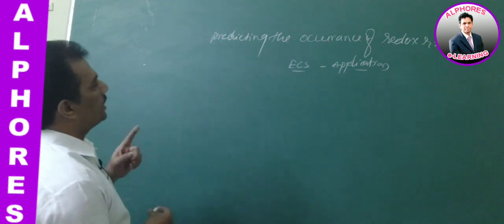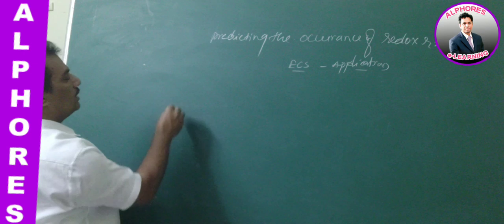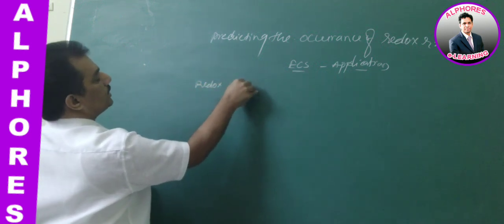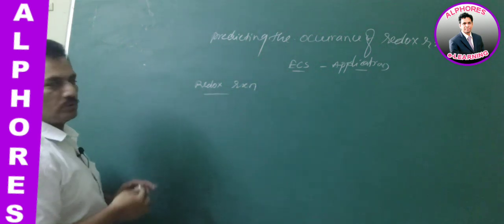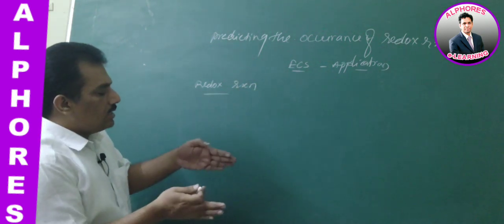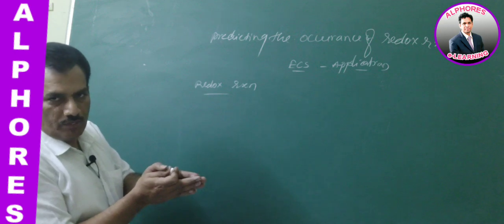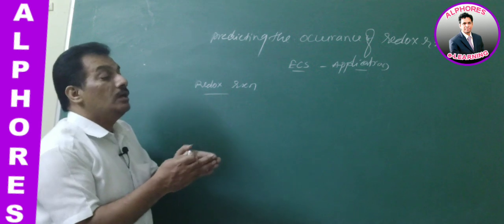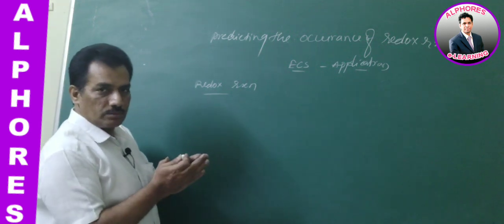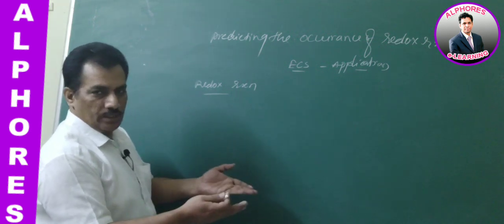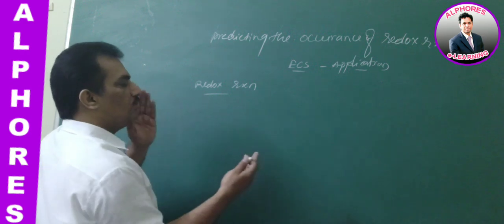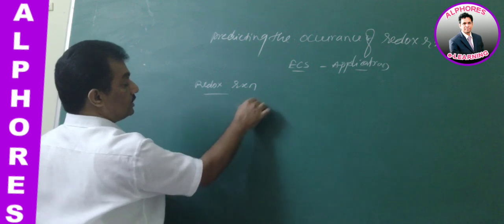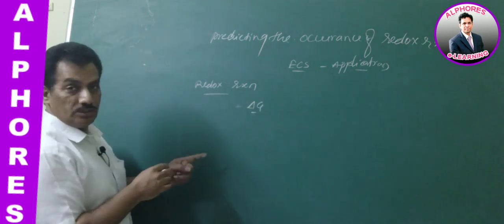Clear? Now coming to the redox reaction, it is a combination of oxidation and reduction, no doubt at all. Both these two should happen. It is a coupling reaction of these two half reactions. And now the question is, which redox reaction will happen spontaneously? How can we get it? Simply from the thermodynamic parameter delta G, the Gibbs free energy change.